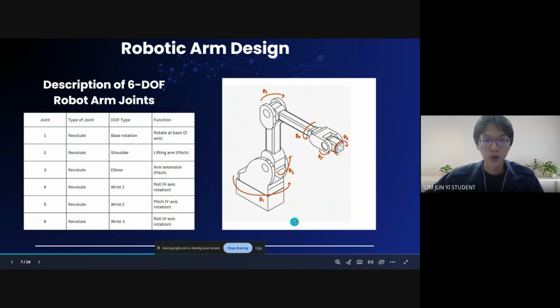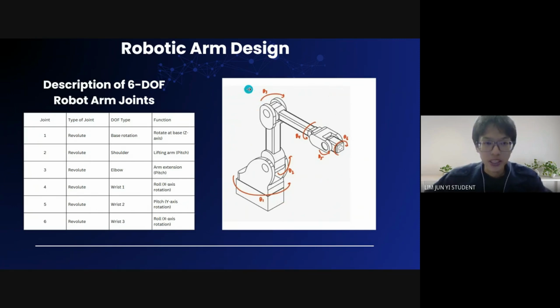Okay, so for the robot arm design, this is a 6DOF arm, and each joint is a revolute joint. The first joint is the base rotation, and it rotates about the z-axis. The second joint is the shoulder, and it lifts the arm. The third joint is the elbow joint, and it also pitches and extends the arm.